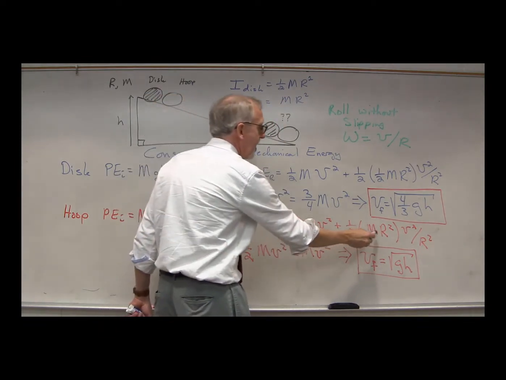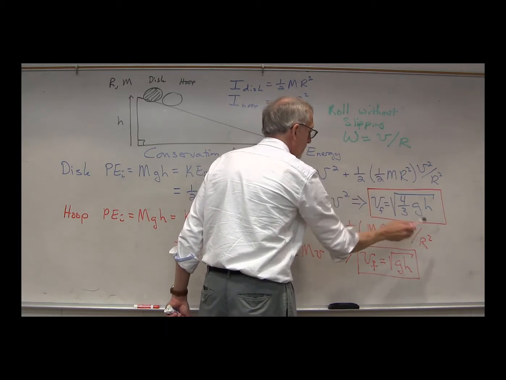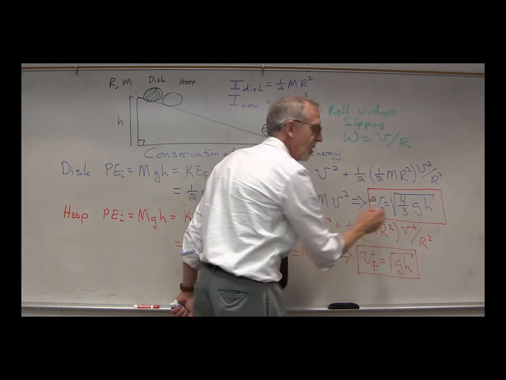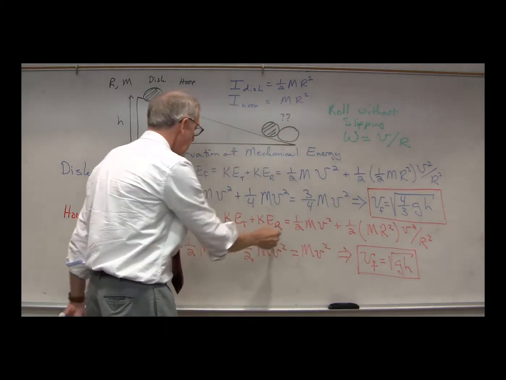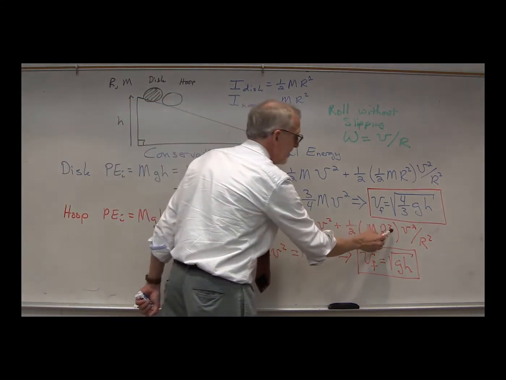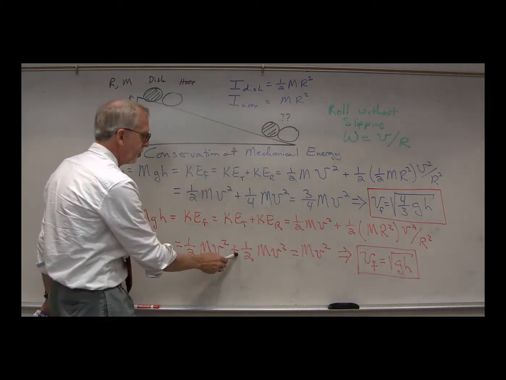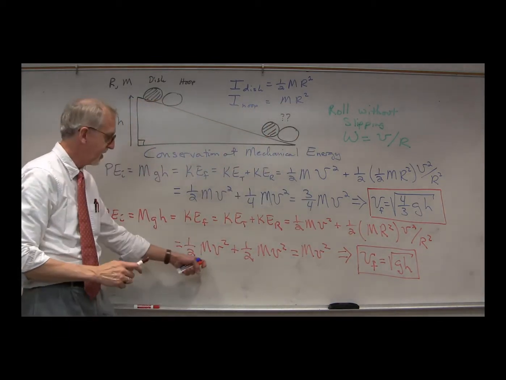So 1/2 I omega squared, and again omega will be v over r quantity squared, or v squared over r squared. So what do we get? We get 1/2 mv squared plus, again, the r squareds cancel and we get 1/2 mv squared. This is interesting.